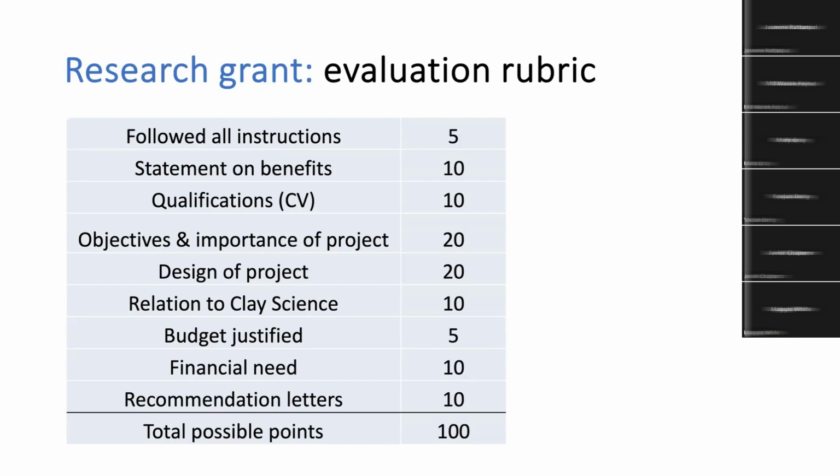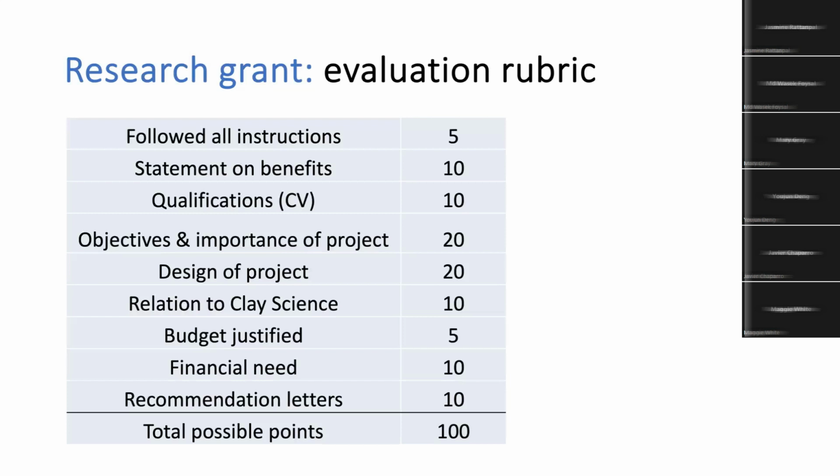And in the budget, we don't want to just see, oh, okay, I need 3,000 for this lab equipment. It needs to say, I'm going to be doing whatever, 1,500 for this and 1,200 for that and 300 for this. It should itemize what you need.